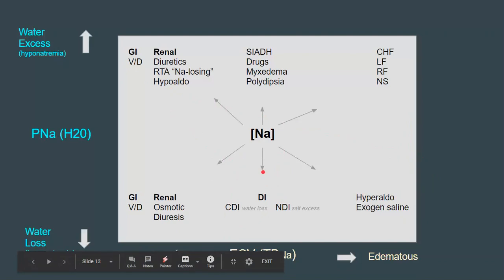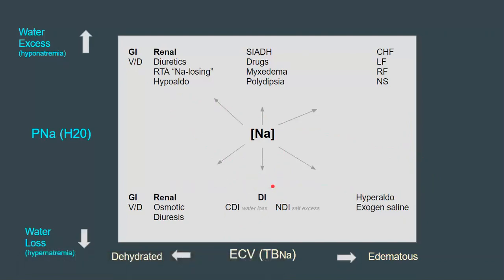But look along the bottom here, and we'll see extracellular fluid volume, which is total body sodium. On this side, the patient is like the deep end of the swimming pool. There, they have a lot of edema. On this end of the chart, extracellular fluid volume is low. These are dehydrated patients, low volume patients.